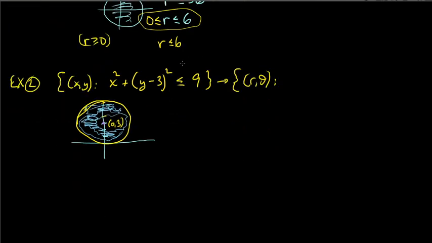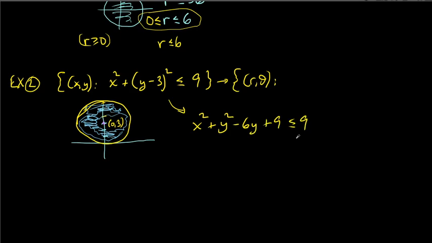Right, and there's a couple ways to do this, of course. You can just figure it out in terms of r as a function of theta. This is something you should have done in Calc 2. But in case you haven't, I'm going to go through it, right? So let's multiply this out. We get x squared plus y squared minus 6y plus 9 is less than or equal to 9.